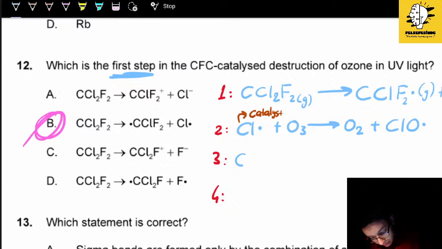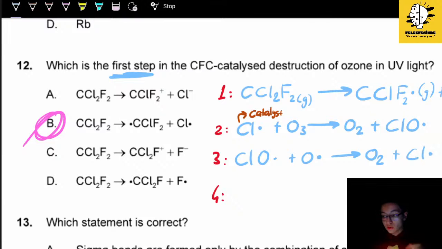So here we have ClO free radical plus oxygen free radical, and it will be oxygen plus chlorine free radical. So overall, the net reaction would be ozone plus oxygen free radical would produce 2 oxygens. And this is how it is working, right?